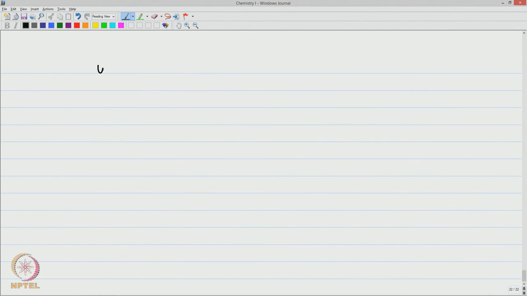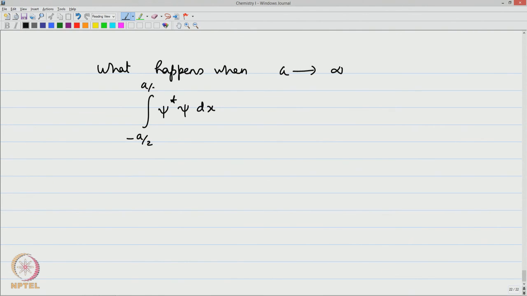What happens when we take the limit a tending to infinity? We can see that for the wave function, the integral of psi star psi dx from minus a by 2 to plus a by 2 gives you 1 by a times the integral of dx from minus a by 2 to plus a by 2.